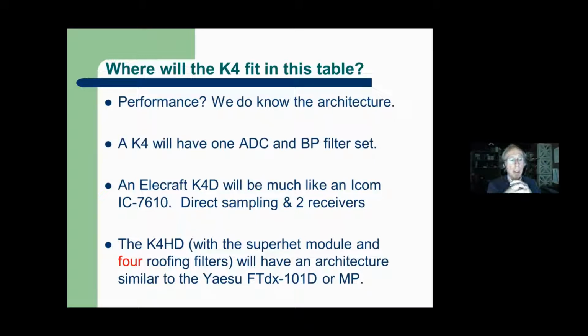So a straight K4 will have 1 ADC, 1 set of bandpass filters. The K4D will be more like the 7610 from ICOM. It'll have 2 ADCs and 2 sets of bandpass filters. Now, that doesn't mean you can't have 2 receivers for the straight K4, but if they're on the same band, it's no problem.